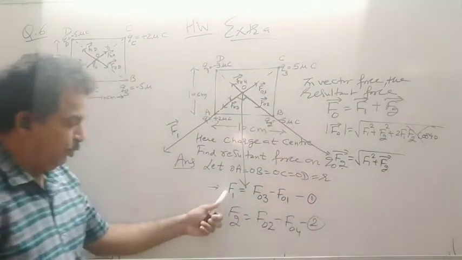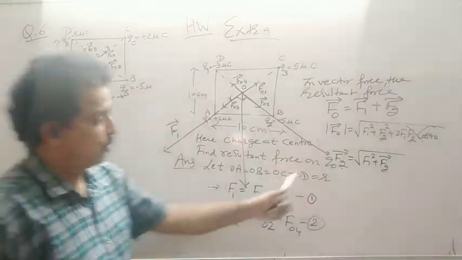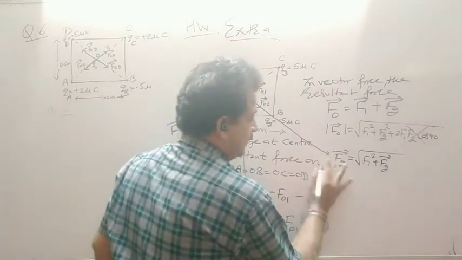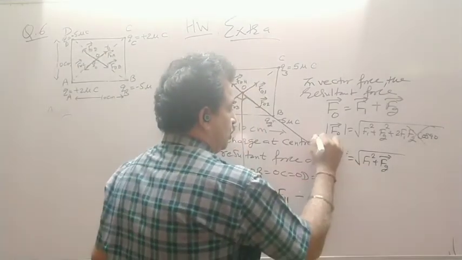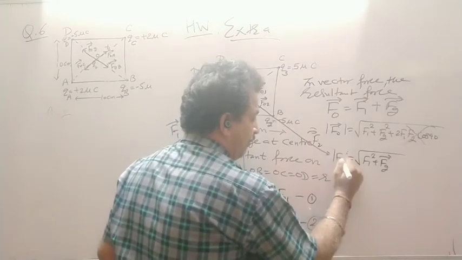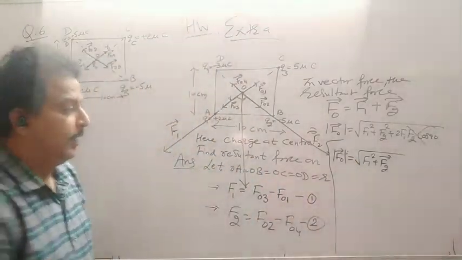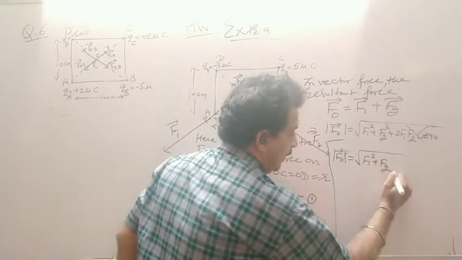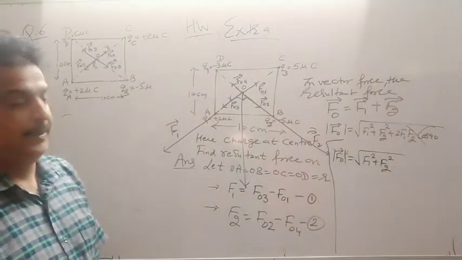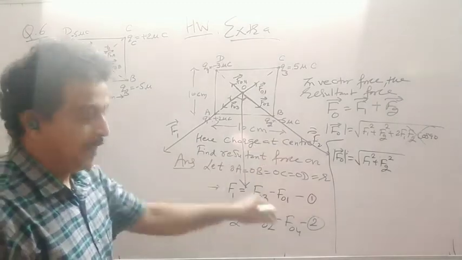Whatever magnitude values you get, you substitute here. So mod of F naught is under root F1 square plus F2 square. Substitute the values and you will get the magnitude.